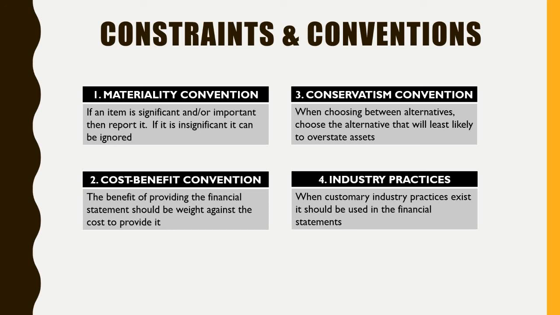But that's materiality: can you give this material a value, and is it significant enough to report? All right, the second thing we're going to look into is cost benefit. Now, this is a tricky one, but it's actually not that tricky. It's pretty straightforward, right? You have 2 alternatives. Basically, when you're doing the cost benefit convention, you're going to weigh your options. You weigh the cost it takes to produce the item, and does it benefit you in the long run?